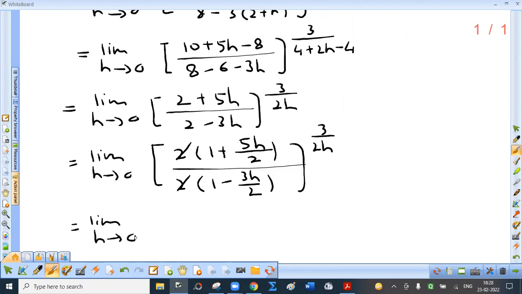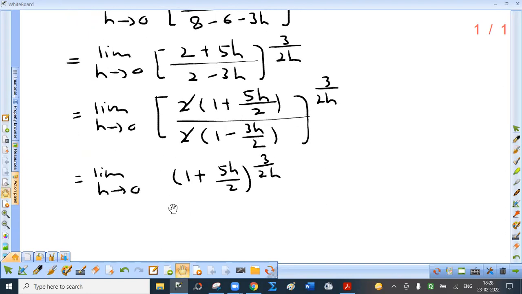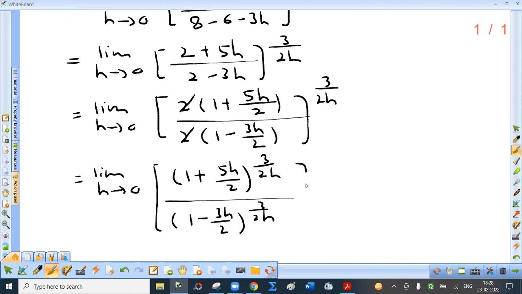Limit h tends to 0, (1 plus 5h upon 2) raised to 3 upon 2h, upon, by laws of indices, (1 minus 3h upon 2) raised to 3 upon 2h. Now the limit of a quotient is the limit of the numerator upon the limit of the denominator.